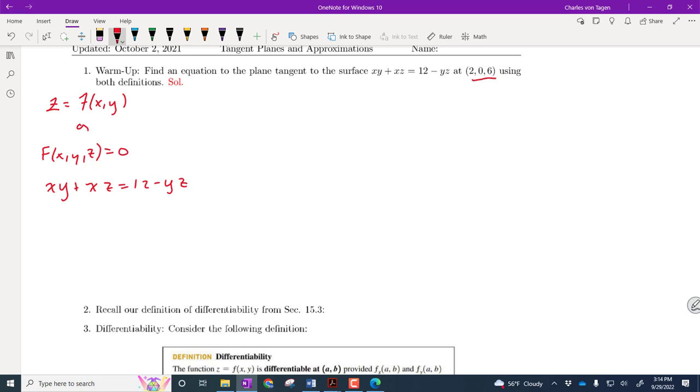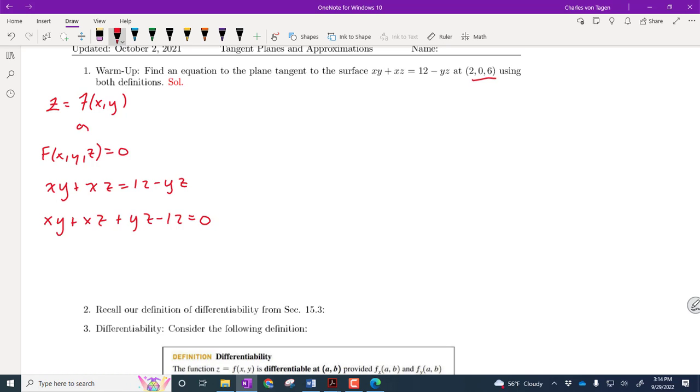All right. So let's go ahead and collect everything over to the left. So we get xy plus xz plus yz minus 12 is equal to 0. Unfortunately, folks, and especially my math lab does this all the time, there's lots of problems where if you forget to take this over, you still get the right answer. But that's not always the case.